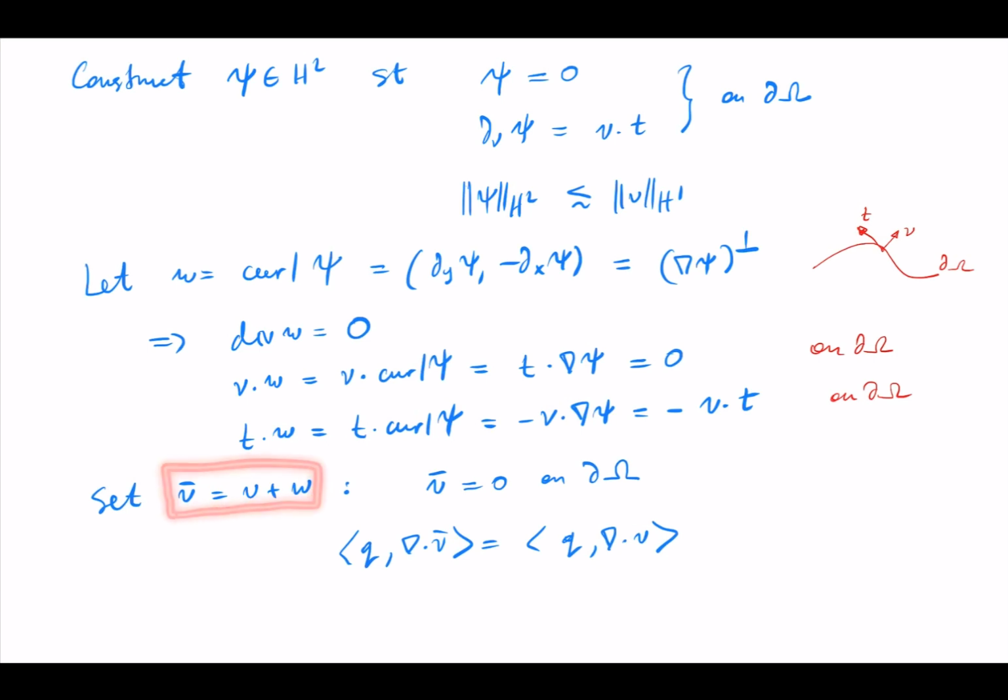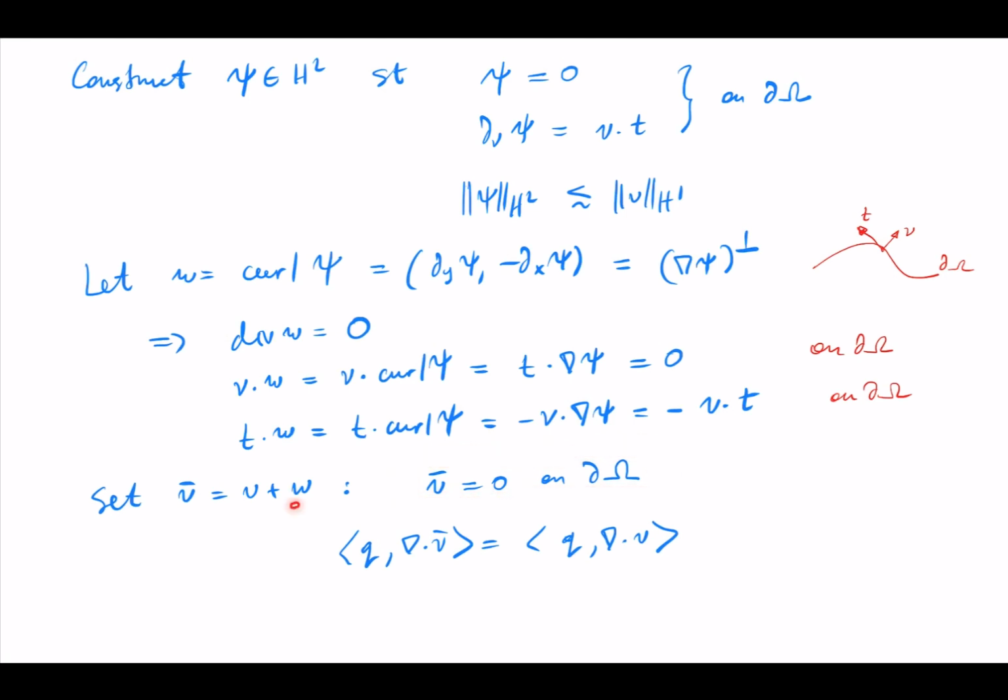So V bar will be now our new test function. And by construction, we can see that V bar is actually 0 on the boundary of omega.